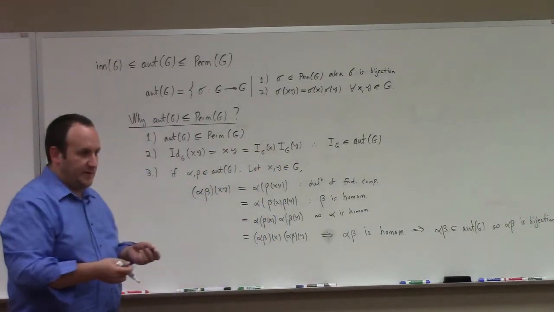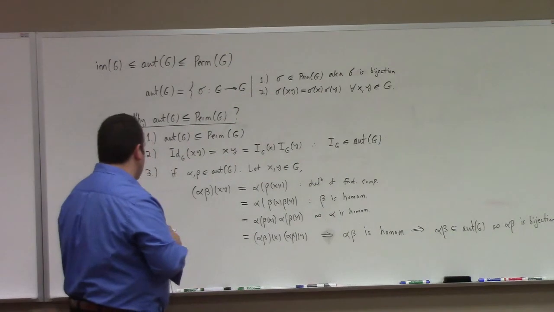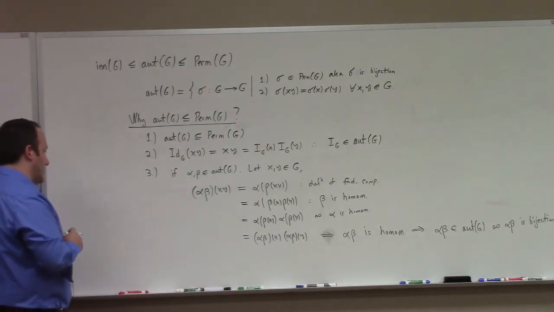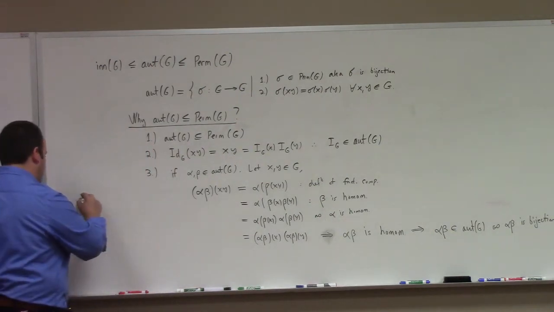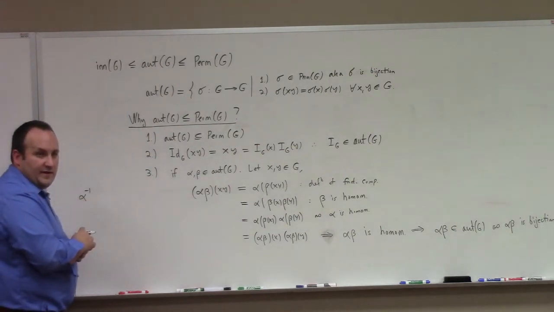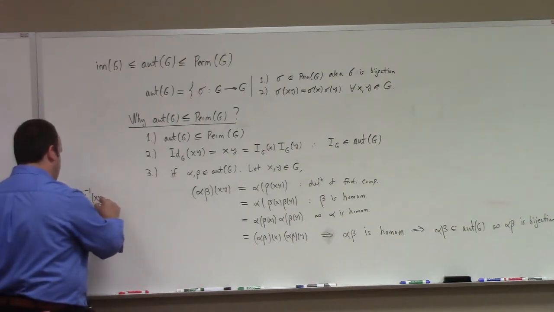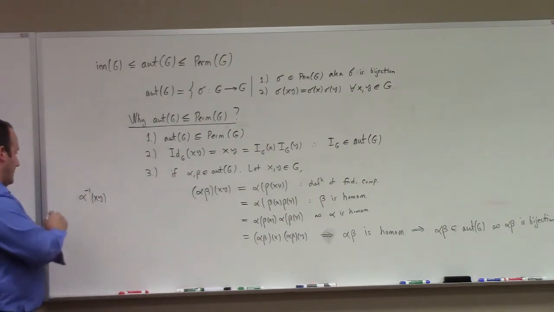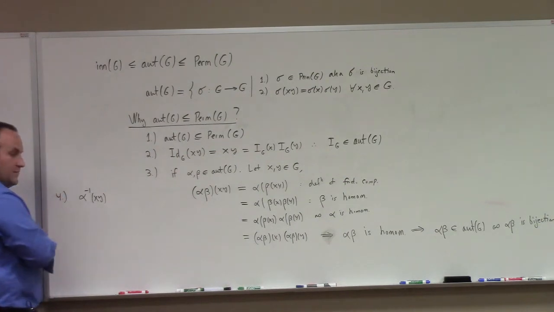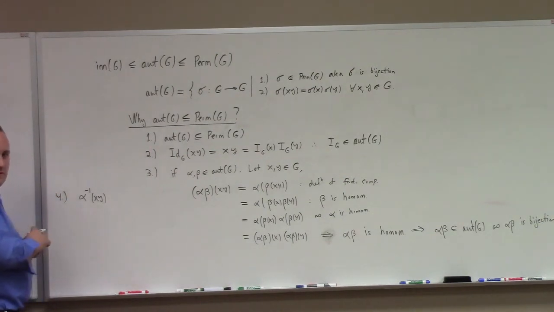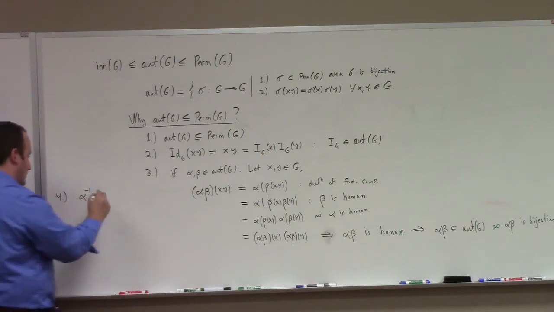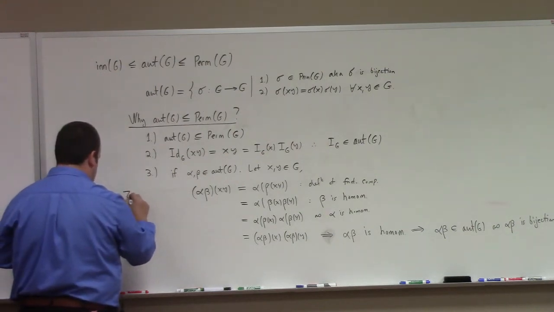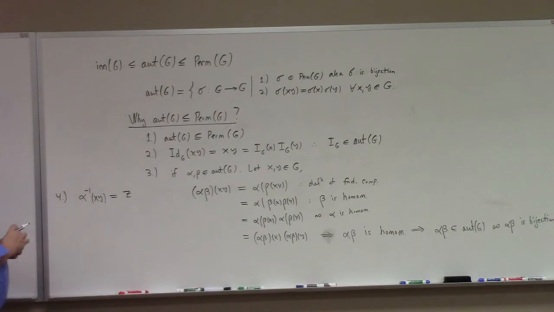And then inverses. We need to check inverses. How's that go? Alpha inverse exists, we know that because it's a bijection. So we should look at alpha inverse of xy. Let's give it a name. Let's call this thing z, because I can't think of anything else at the moment.